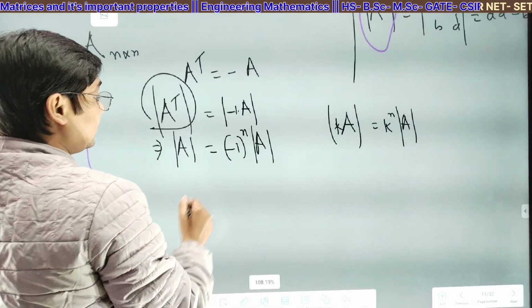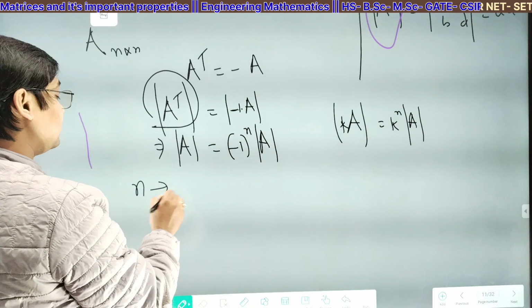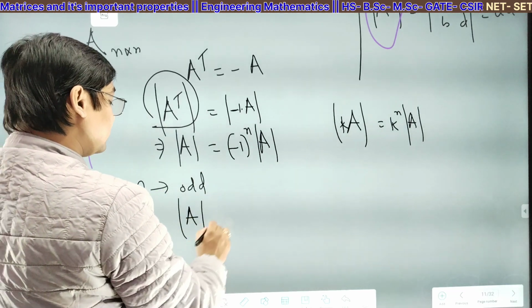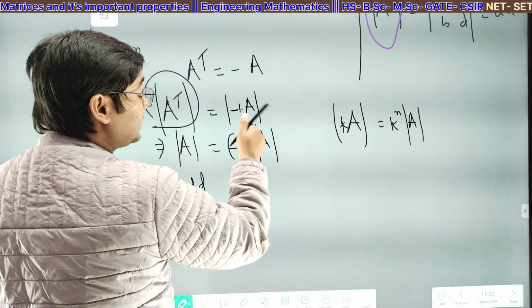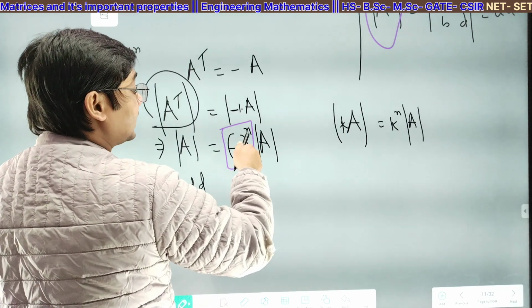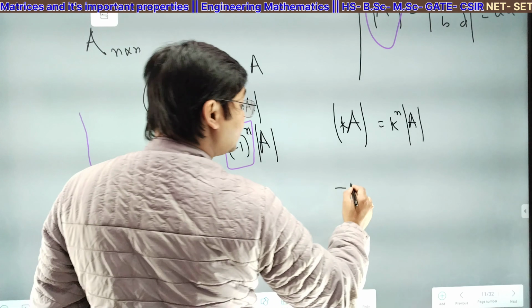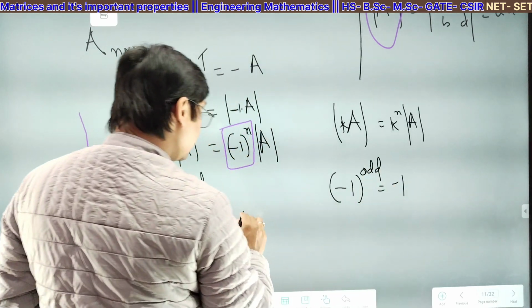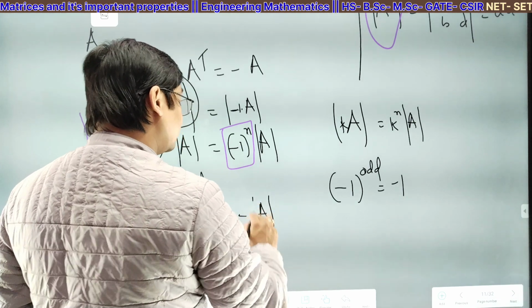So if we put n odd, then minus 1 to the power any odd number is minus 1. So minus the determinant of A will be there.